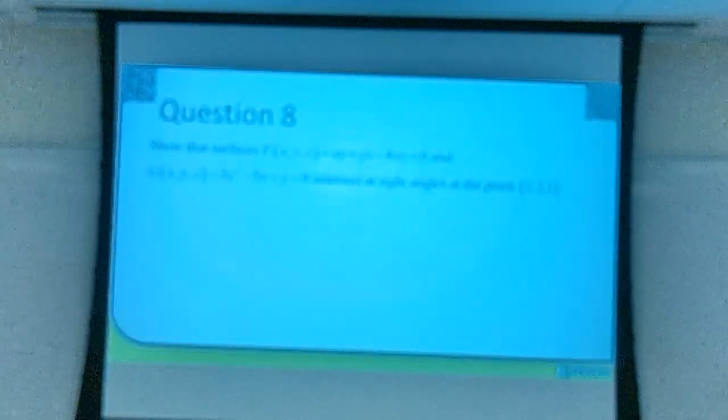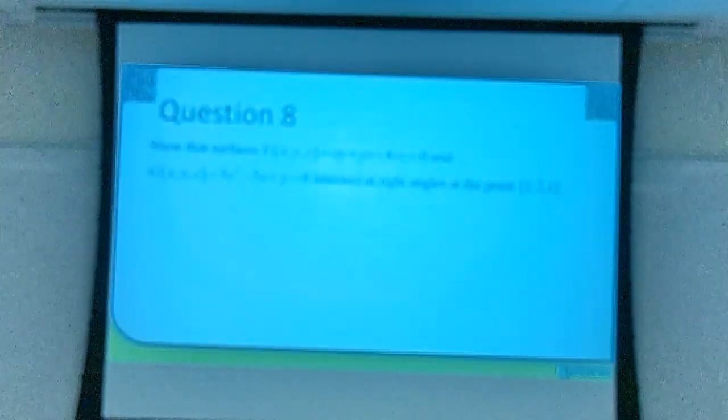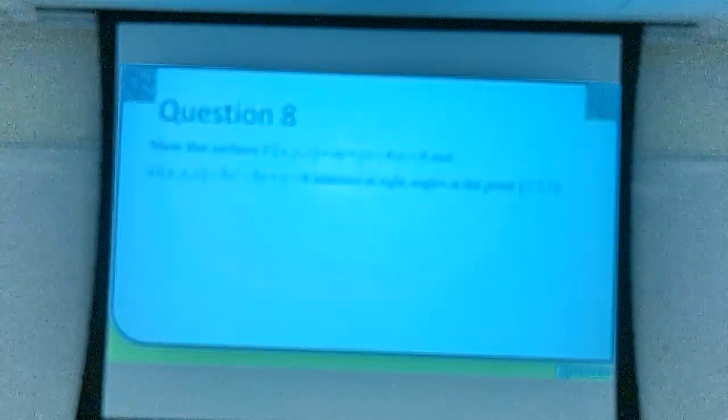They would also be perpendicular. So the strategy is the same as last problem: find the normal vectors and show that those normal vectors are perpendicular. How would you show that two vectors are perpendicular? The dot product. Yes, so that would be the general strategy: find the normal vectors of the two tangent planes, take the dot product, and show it's zero. For the sake of time, I'm not doing it, but that's the general strategy. Any questions?